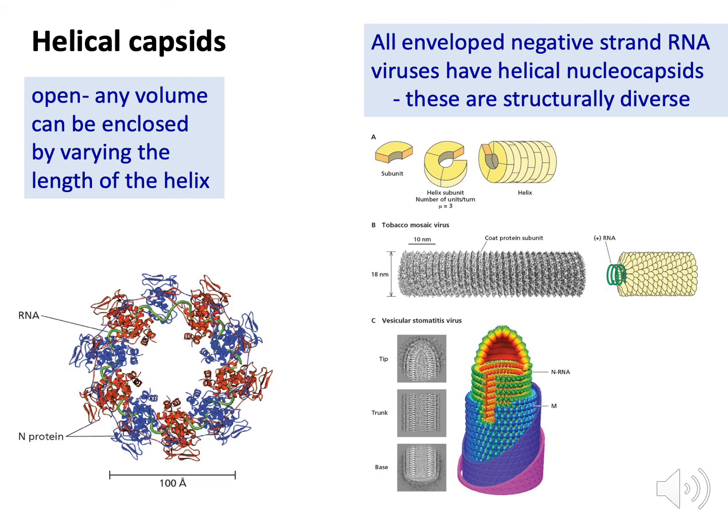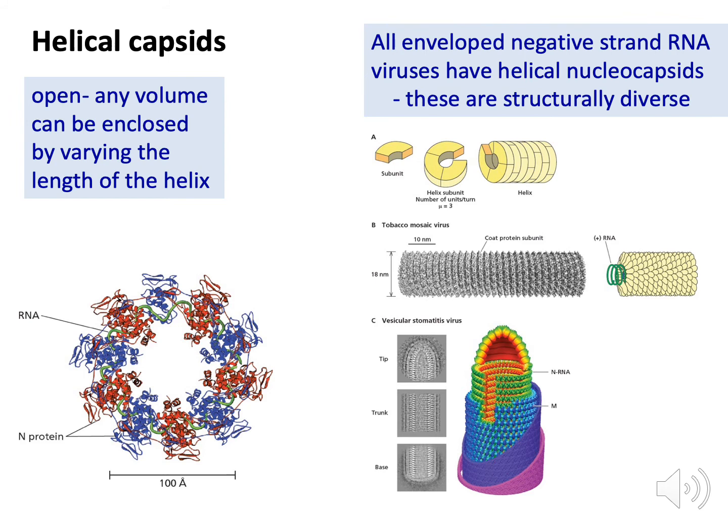What's interesting is that all enveloped negative strand RNA viruses, we're talking influenza virus, we're talking the rhabdoviruses like rabies, or VSV, vesicular stomatitis virus down at the bottom, all of these have helical nucleocapsids, but they don't all look the same.